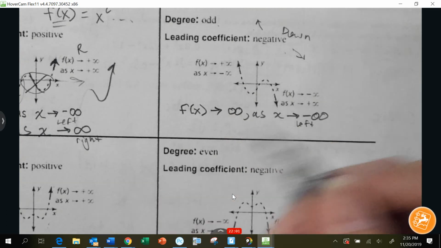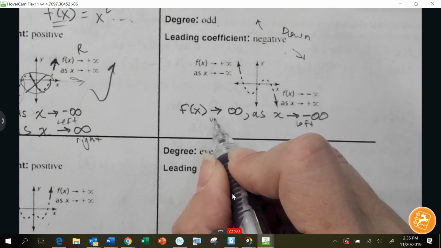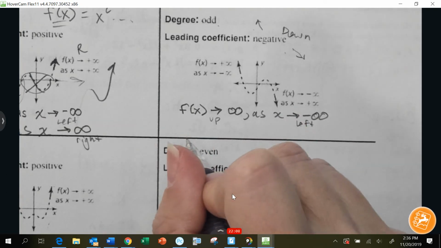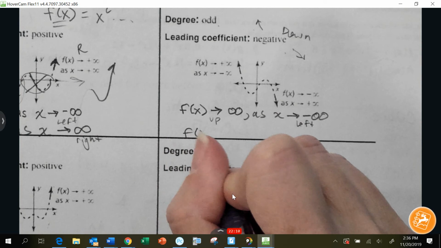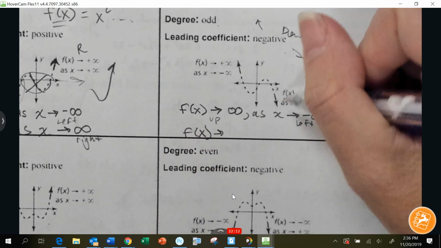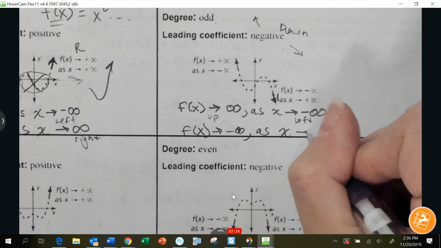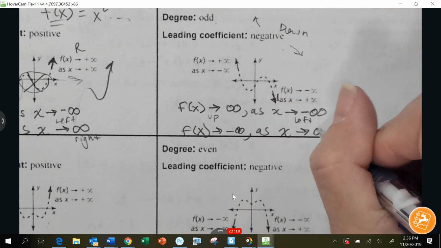It always starts with left, so the x's will always be the same every single time you write these. And then the next one, it says f of x approaches, is going down, so negative infinity, as x approaches positive infinity.